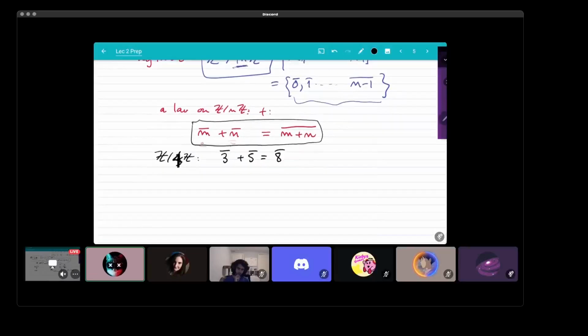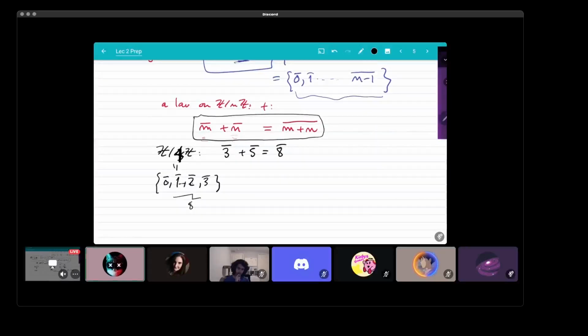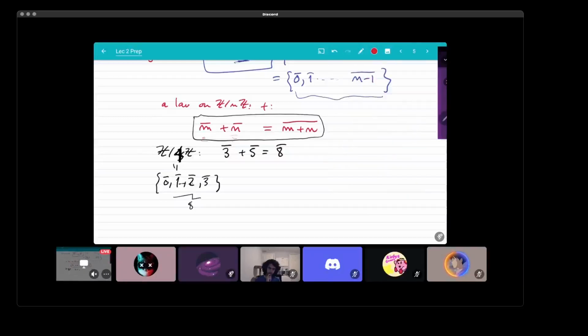But we defined this as only from 0 to 3, so we do not have 8 in here. But actually 8 is itself equivalent to 4, which is equivalent to 0 because it's already in 4Z. This equals 0.